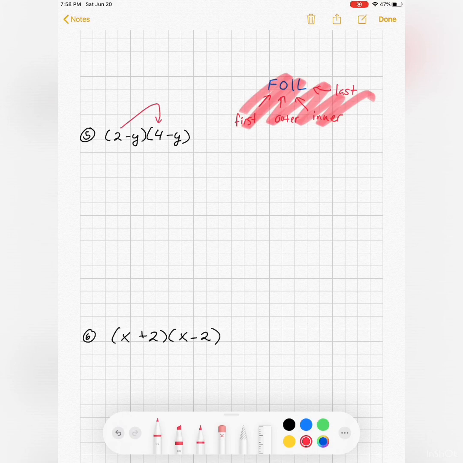Okay, so let me see. If we do it that way, we do 2 times 4. Was that 8? Then we do the outer, so then we have minus 2y, then the inner, minus 4y, and the last, plus y squared.